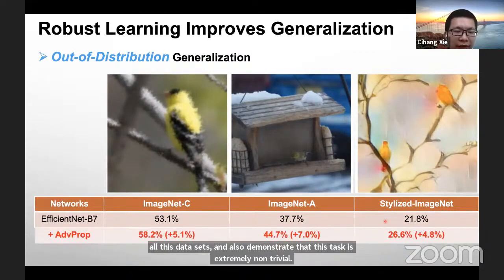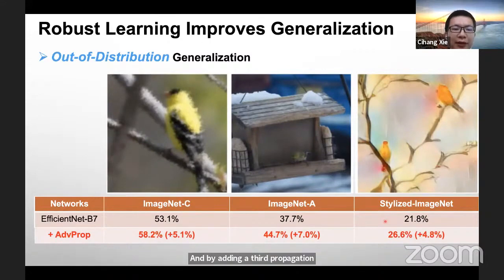And by adding adversarial propagation, we can see that on the ImageNet-C dataset, we can improve the accuracy by 5.1 top-one accuracy. On ImageNet-A, our improvement is 7%. And on Stylized ImageNet, our improvement is 4.8.